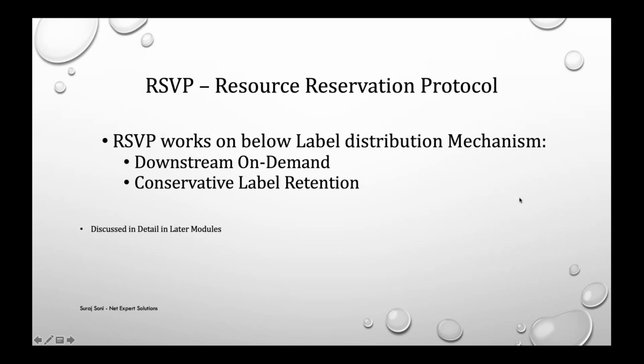What can be the reason if an LSP is down? There are many reasons. Maybe your transport label is not getting allocated, there is an IP reachability issue, or your signaling protocol is not activated. There may be many causes.